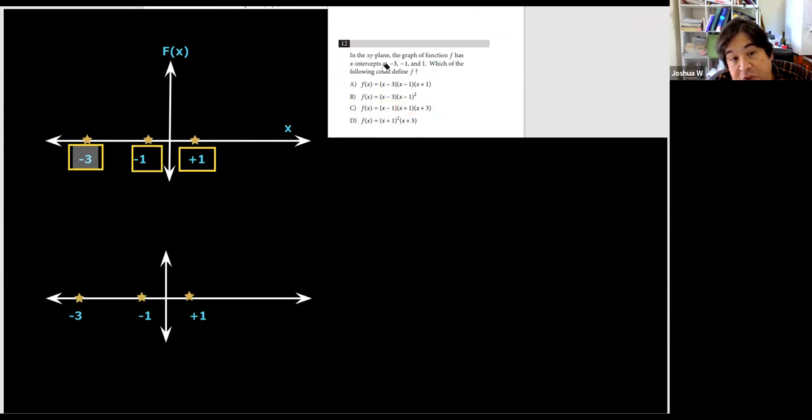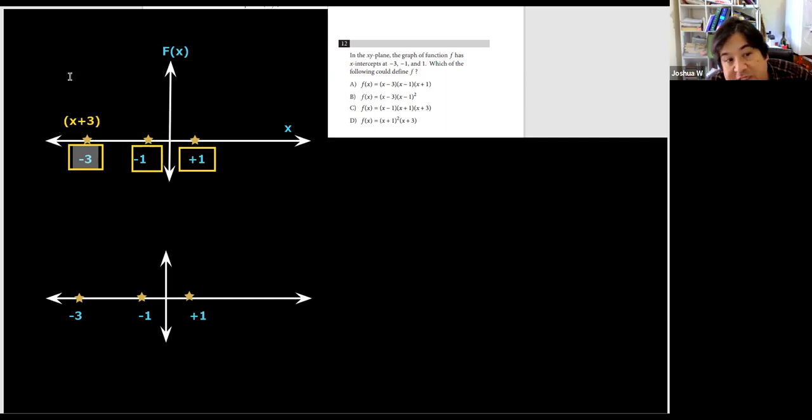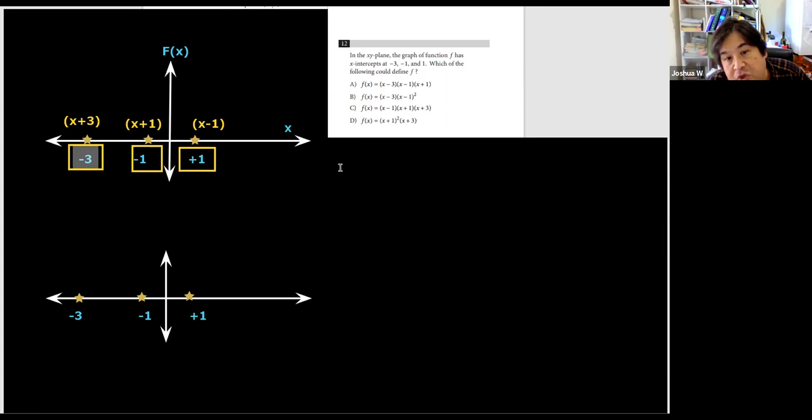If you've taken Algebra 2 class, you know that when you have -3, the factor that must be in the equation is x plus 3, because when we throw that number in, we'll have a 0 in the product. Here, we plug in -1, we need the opposite sign. So that factor must be part of the formula. So that is correct for choice C.